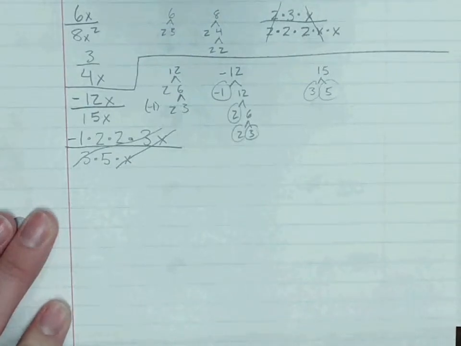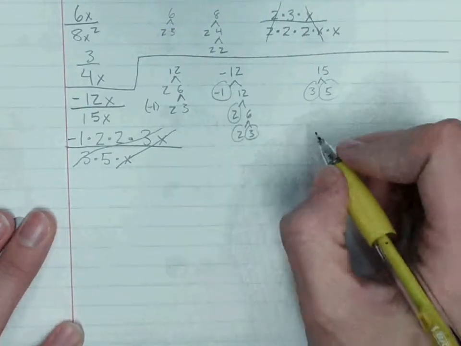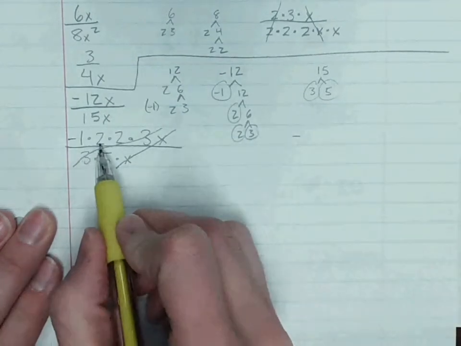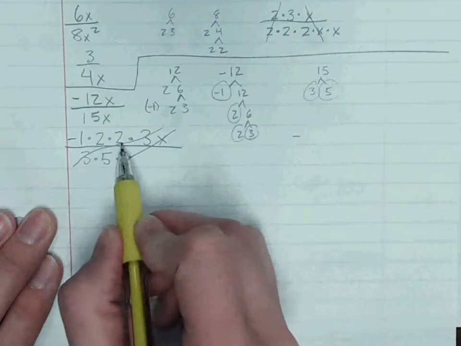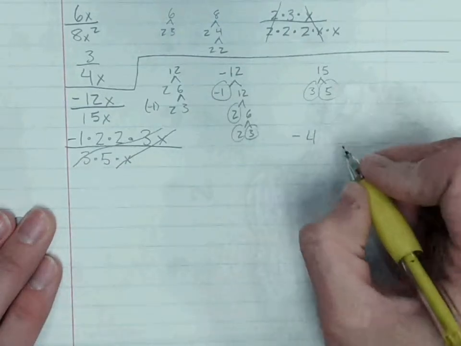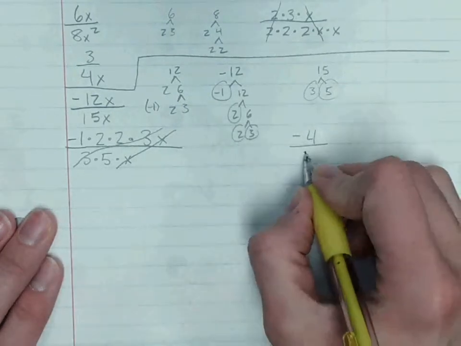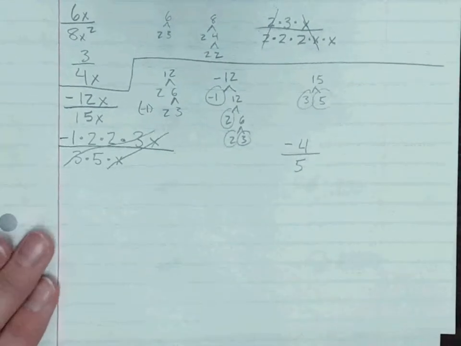There's nothing else that I have on top and bottom, so that's going to be my answer. On top, I have negative 1 times 2 is negative 2, times another 2 would be negative 4, and no x's or anything. On bottom, I just have a 5. Negative 4/5 is my answer.